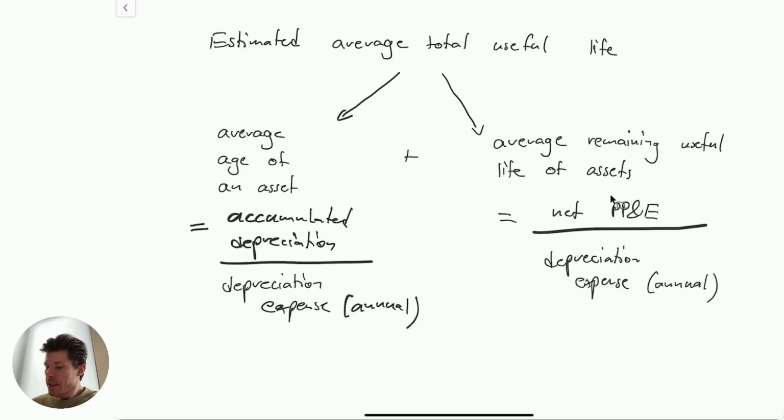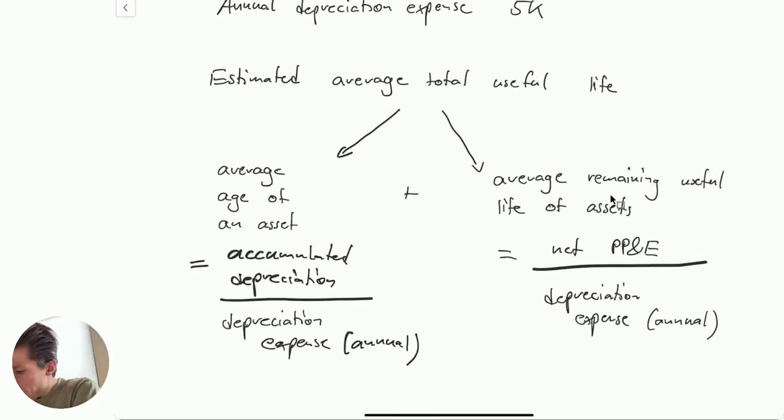From the income statement, depreciation. So here, accumulated depreciation is the amount already depreciated in the past. It's basically how long your asset base or your asset has lived already. And this one, net PP&E, on the other hand, is the amount to be depreciated in the future, what is left.